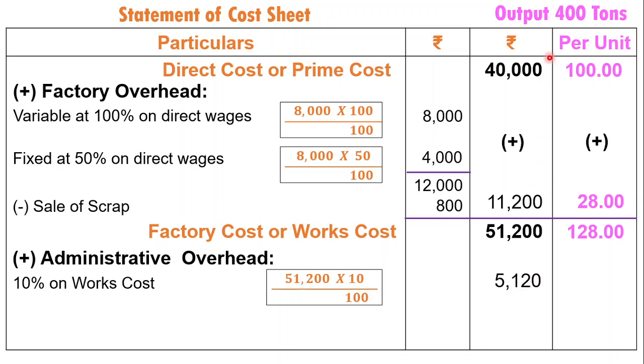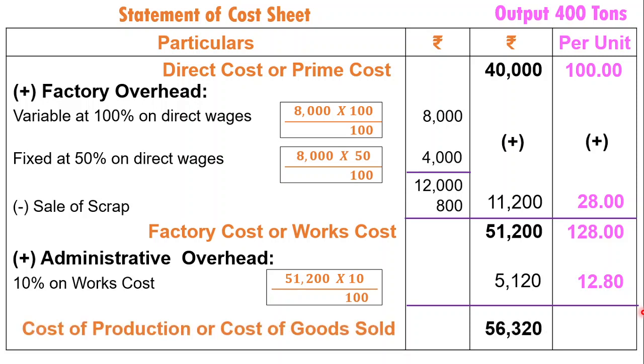5,120 divided by 400, number of tons produced, that is 12.80. Now the total of these two is 56,320 in terms of value, and in terms of per unit or per ton, that is 140.80. This is to be titled as cost of production or cost of goods sold.